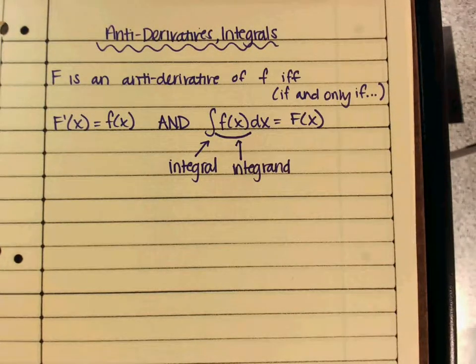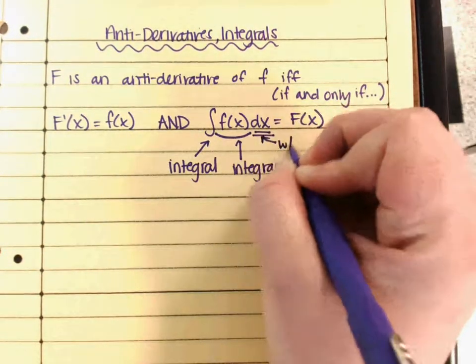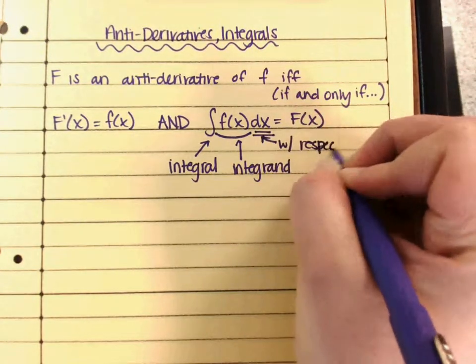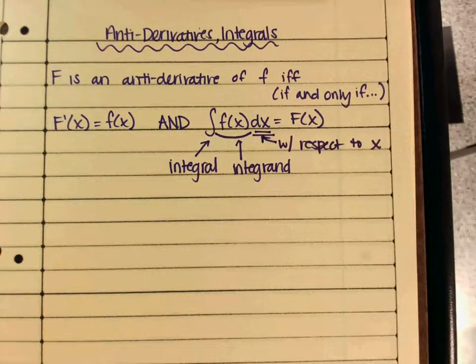And then the dx here at the end means with respect to x. So when you did d dx, it was the derivative with respect to x. Now if it's integral dx, that's the antiderivative with respect to x.